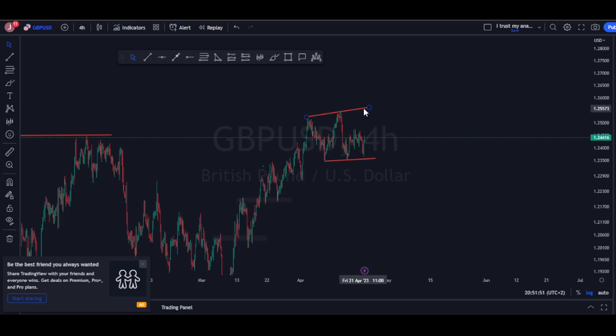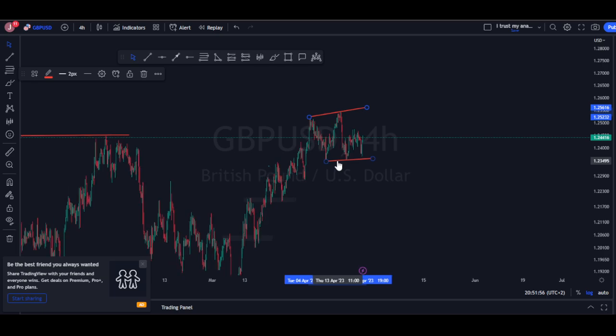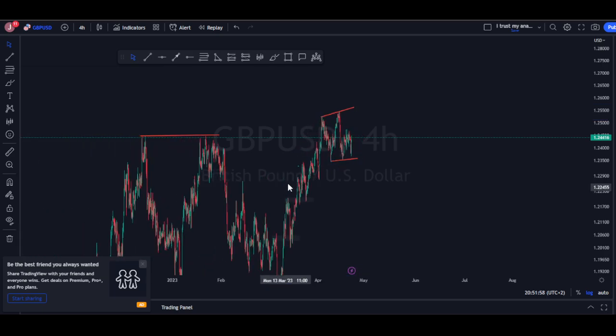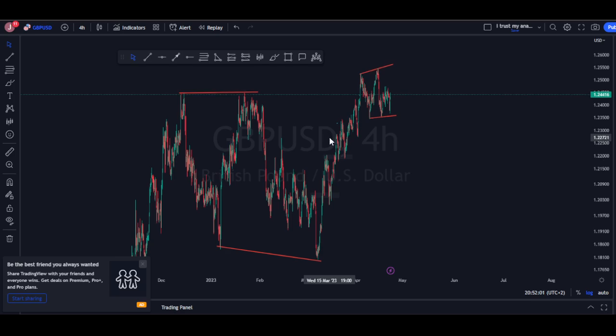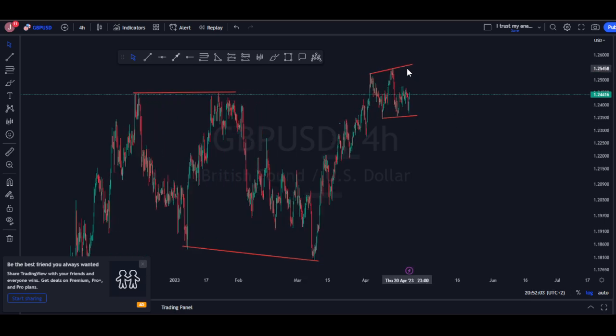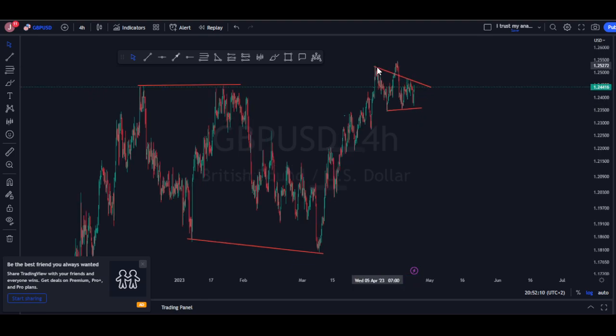So I'm looking for buys more than sells. However, let me just zoom out. Wait, let me see if this is something, if there's a triangle of some sort.